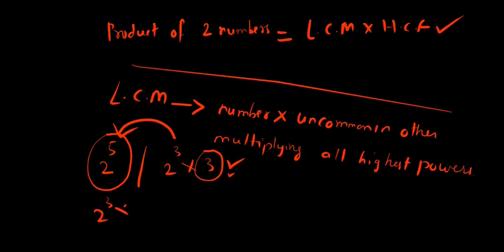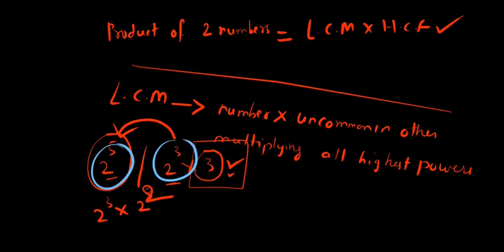And it also covers the uncommon thing in both because only two, right? So if there is no common thing, only the uncommon, that is only one side we have this 3. So this is only one thing here. When we are concerned with two, there are two things here. In the first number there is 2 power 5, in the second number there is 2 cube. There are two things.